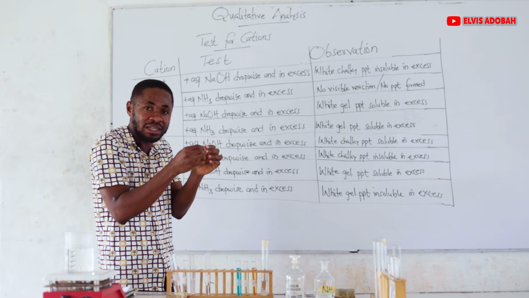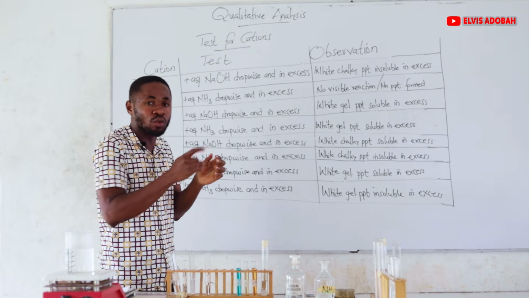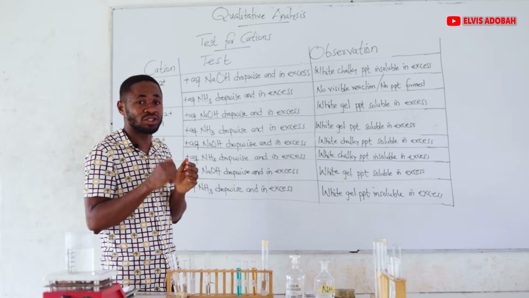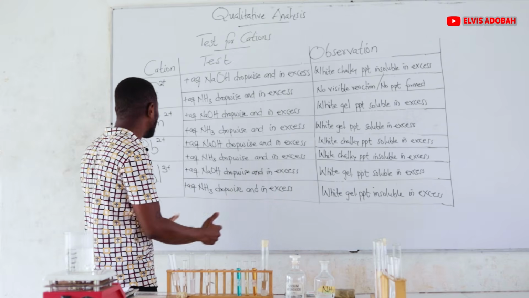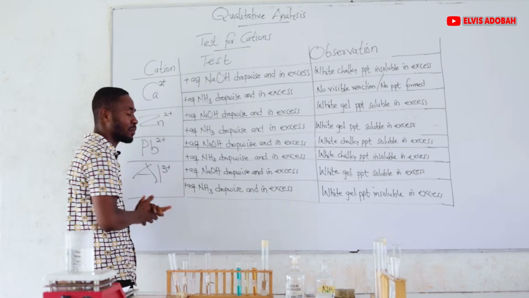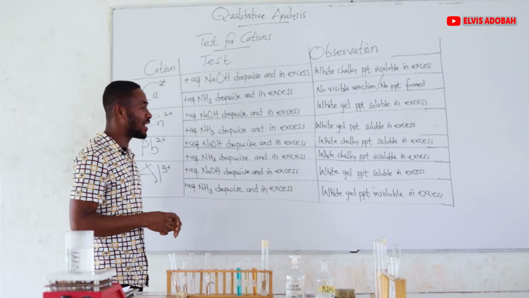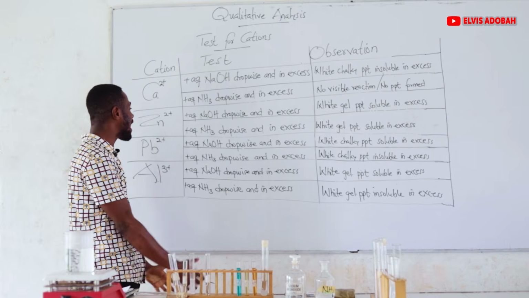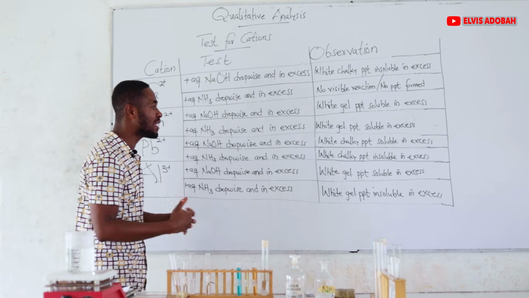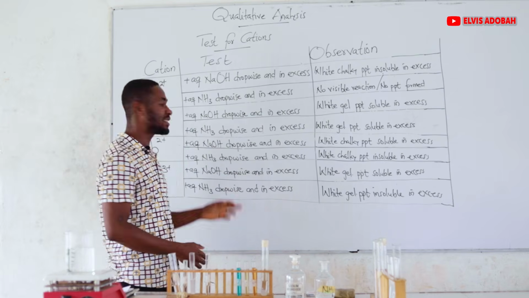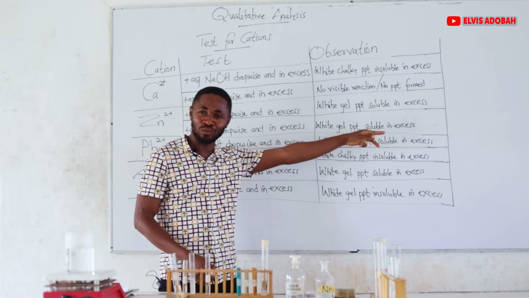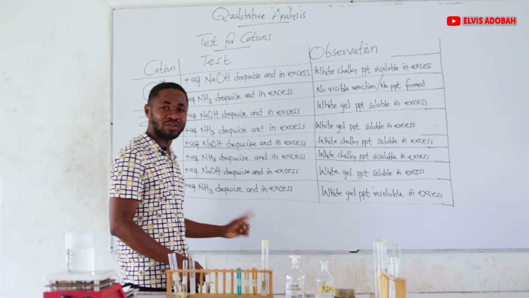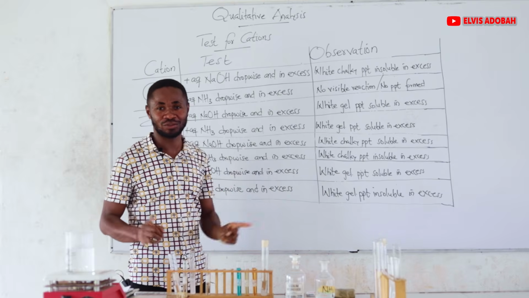It looks like pieces of cotton floating in water gently. That is your gelatinous precipitate. But there's a difference, and the difference is when we add aqueous ammonia in excess. In Zn2+, it will dissolve. But in Al3+, it would not dissolve.